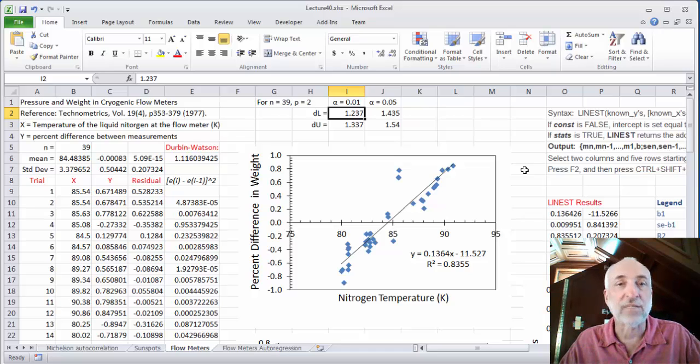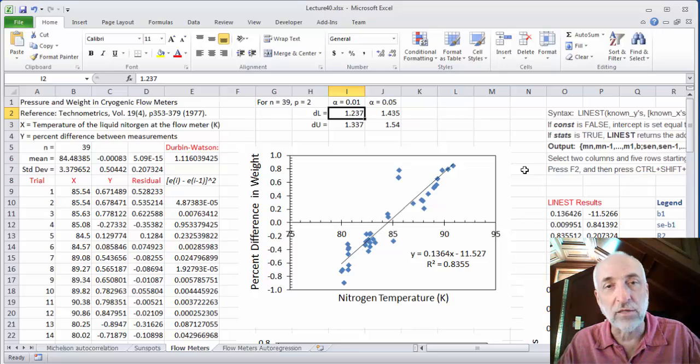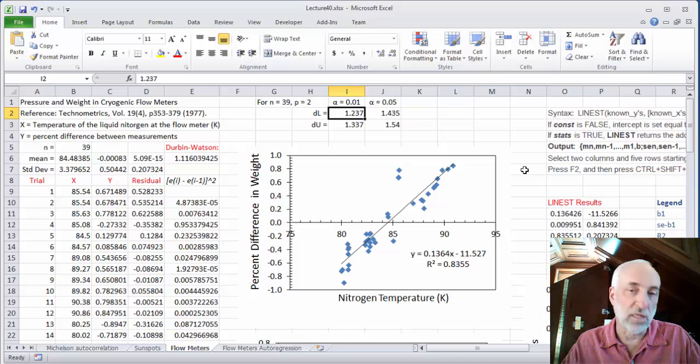And in fact, that's what happens here. We have 1.116, rather, 1.12, and our lower limit is 1.24. So we do get a value less than the lower limit, and therefore we can, with alpha of 0.01, reject the null hypothesis that the residuals are uncorrelated.